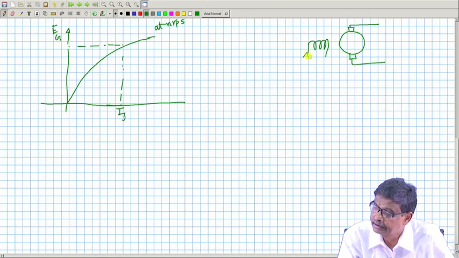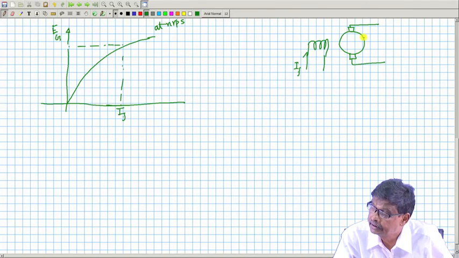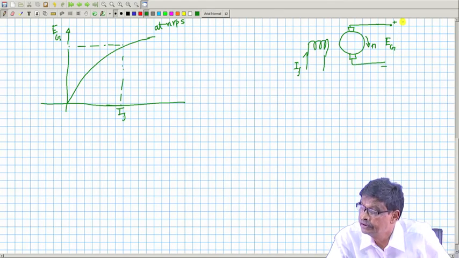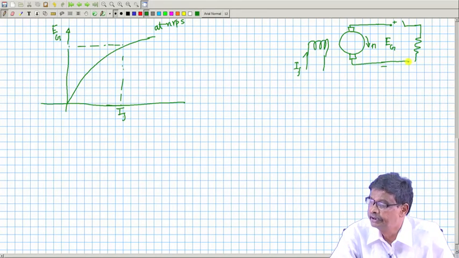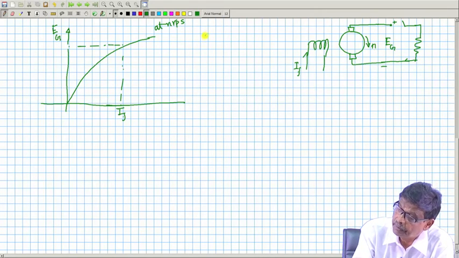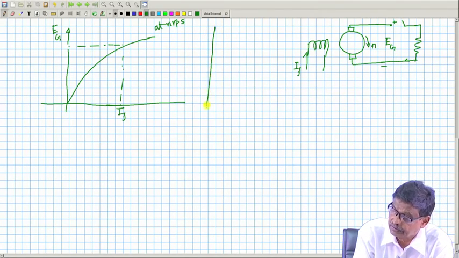So, we are passing an IF here, and the generator is driven at some RPM, n RPS, and here it has the induced voltage V or EG, and then you have a switch to use the power, which will be resistive in case of DC supply. So, with S opened, the load characteristics will be like this.